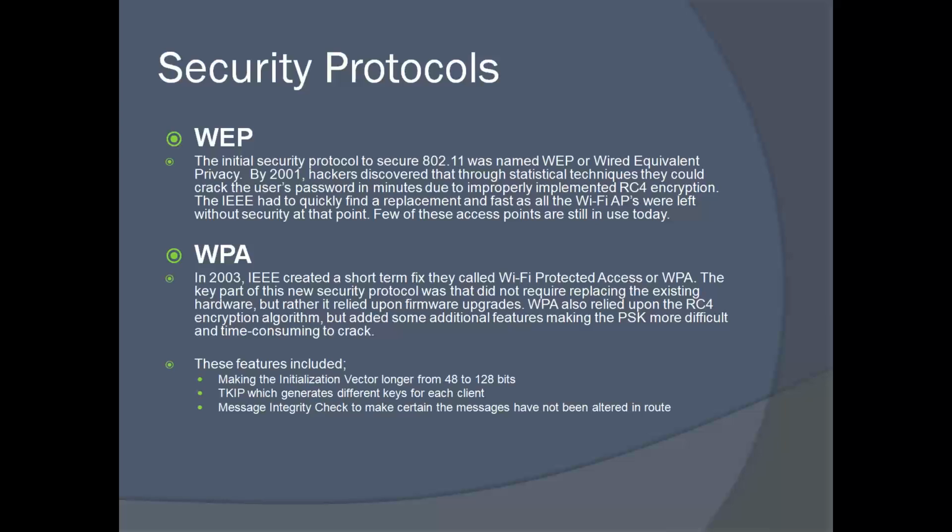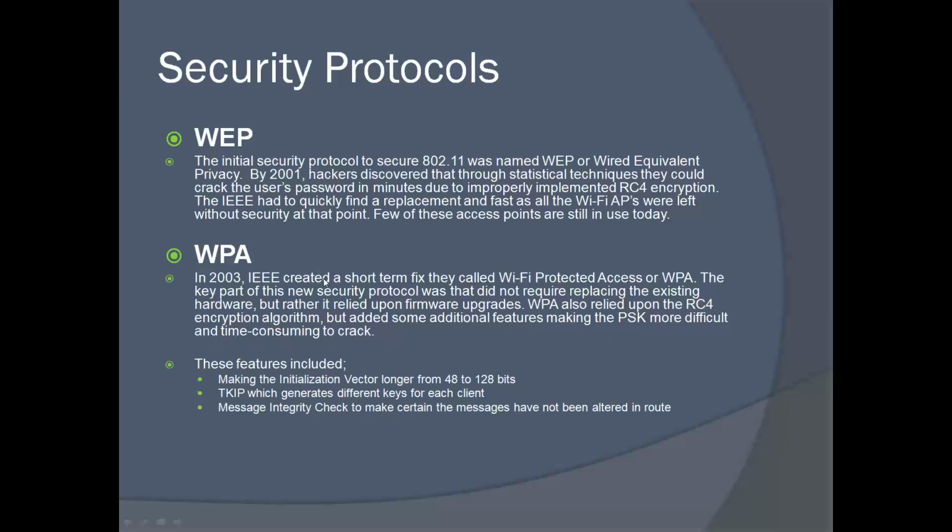So they tried to come up with a solution that made these systems more secure without having to change the hardware. They came up with basically a firmware update. It also relied upon RC4, so it didn't change the encryption, but added some additional features, making the pre-shared key more difficult and time-consuming to crack.